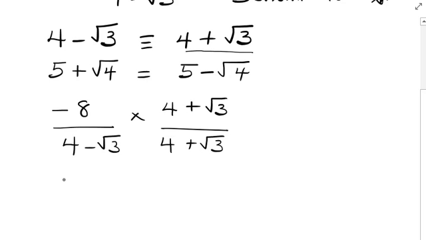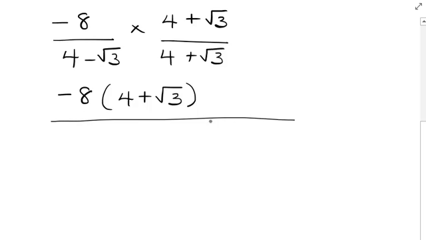So simplifying this further will be minus 8 into bracket 4 plus root 3 divided by, so we now need to multiply each term by each term.